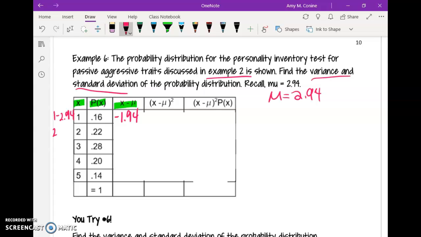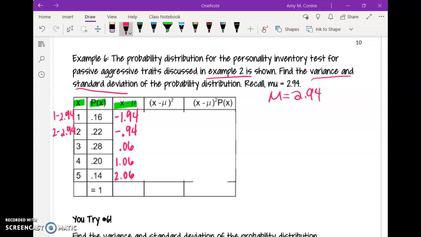Then we'll take 2 minus 2.94, and you keep going with that pattern. Then 3 minus 2.94, you should get a positive 0.06. 4 minus 2.94, you get a positive 1.06. And then 5, you should get positive 2.06.